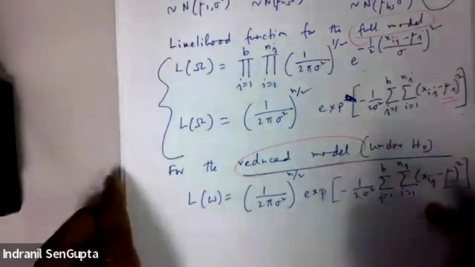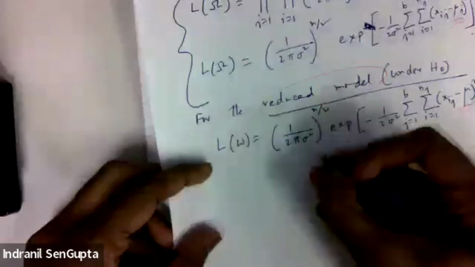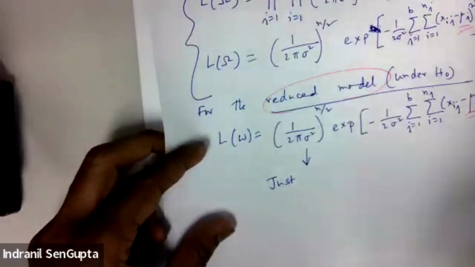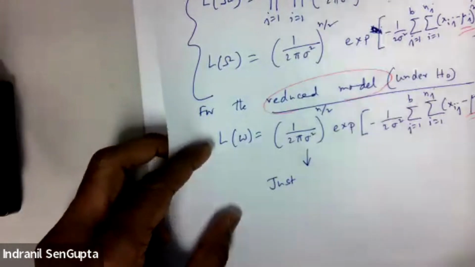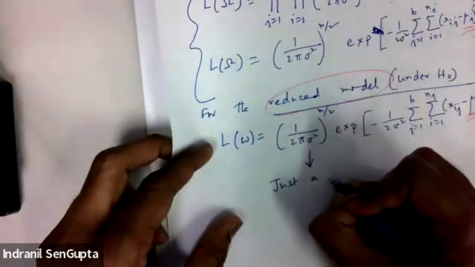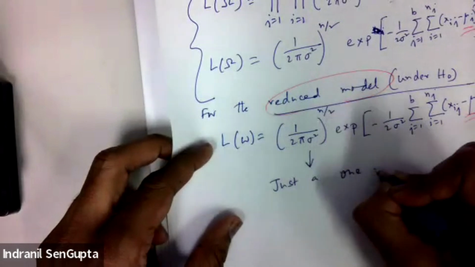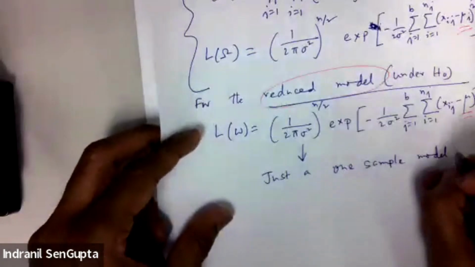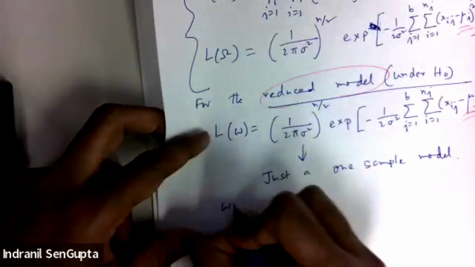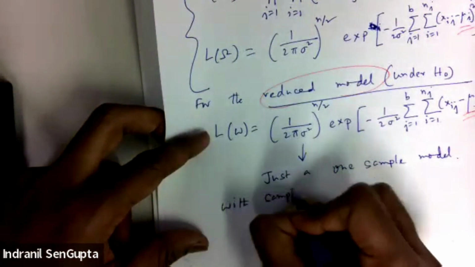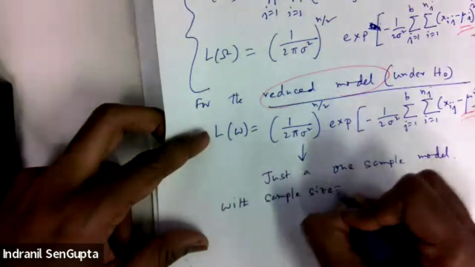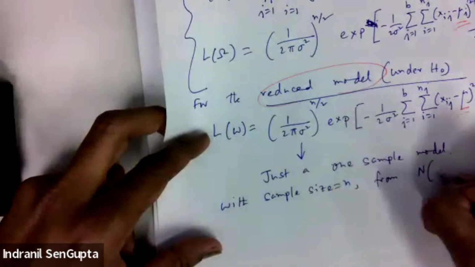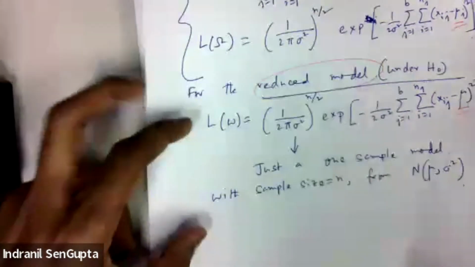What we wrote here is just a one sample model with sample size equal to n from a normal distribution with mean mu and variance sigma squared, isn't it?